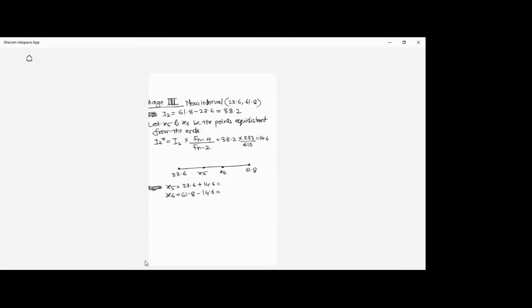So if you calculate, the value of x5 comes out to be 38.2, and the value of x6 comes out to be 47.2. If you find the values of f of x5 and f of x6, f of x5 comes out to be 319.35, and for f of x6 it comes out to be 309.63. Again, if you compare, f of x5 is greater than f of x6, so what we can do is therefore eliminate the region.